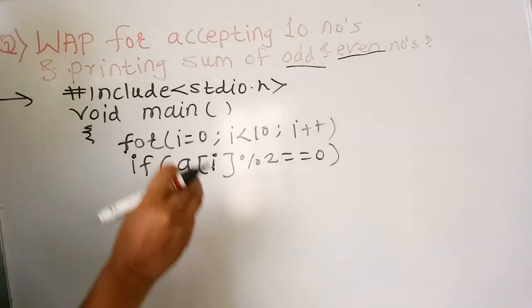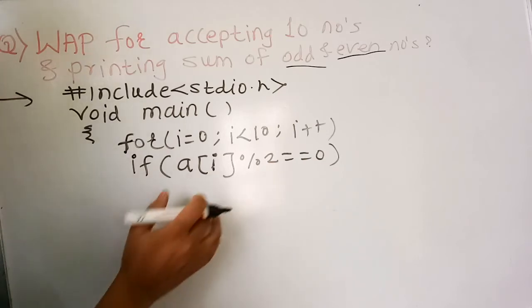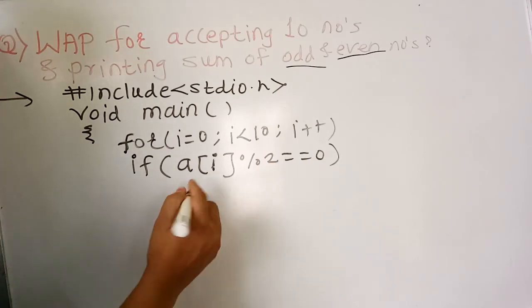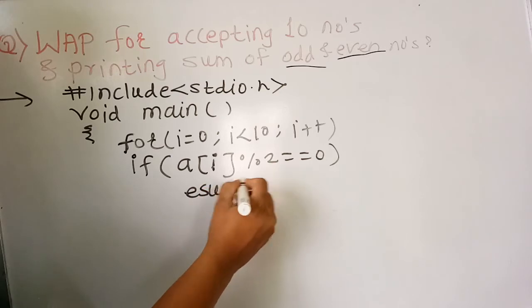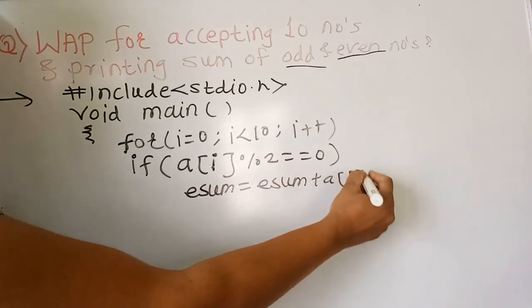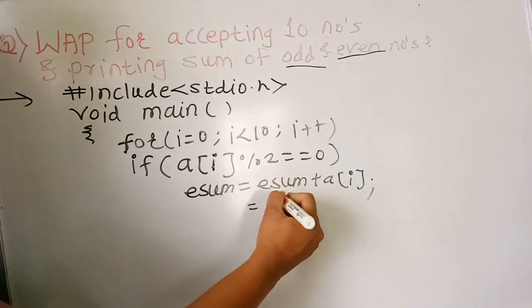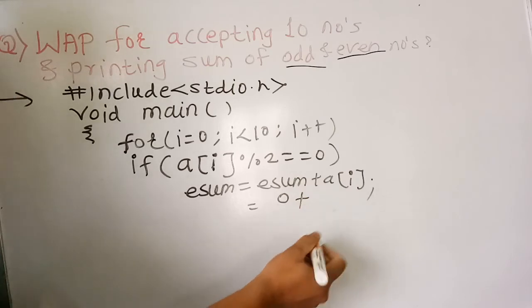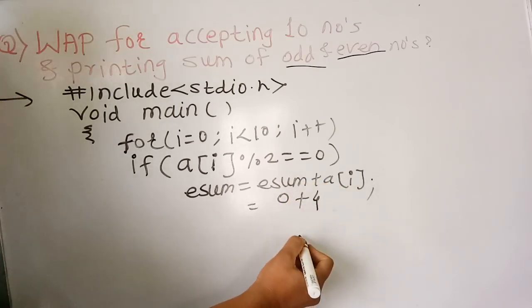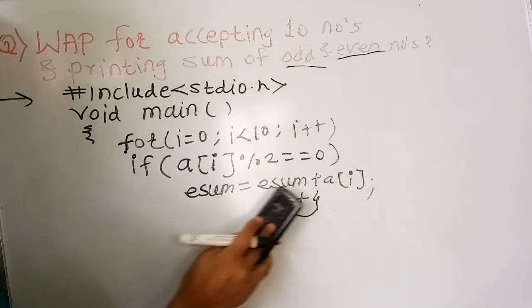Then what is the task for us? We have to calculate the even numbers sum here. So we will write even sum equals even sum plus a[i]. What does this actually perform? Basically, even sum is 0. For example, if the number is 4, it will be added to it, and that number is stored collectively.